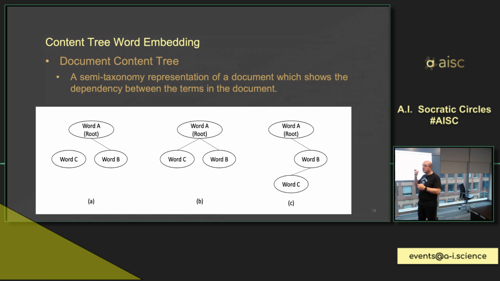And in this study, we found that the correlation works better than cosine distance for this task. Okay, here we are comparing word C with word A and word B. If word C's vector was more correlated with word A, it will be the child of word A and sibling of word B. Or if it was closer to word B, it will be the child of word B.